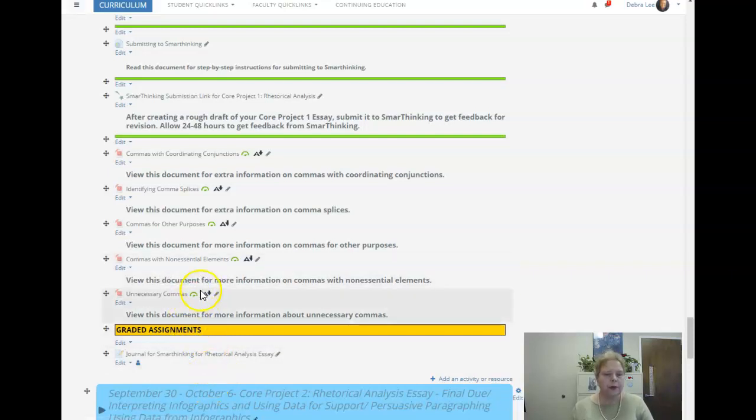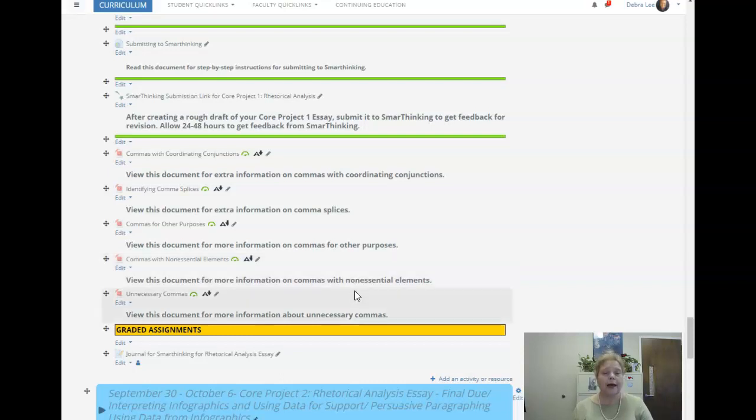When you get your Smart Thinking feedback back, you will get an email notification saying that they received your essay, and you will get an email notification saying that they have given you feedback and how to get that feedback. And it's step by step.